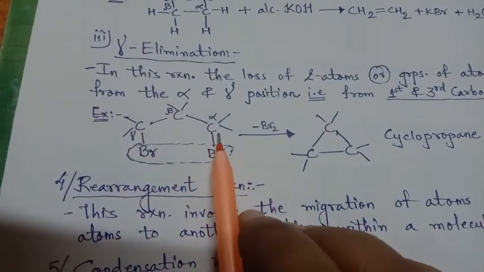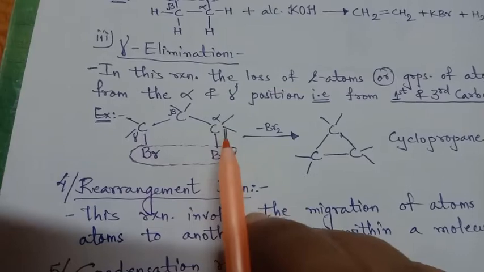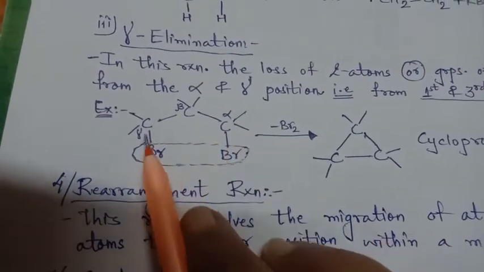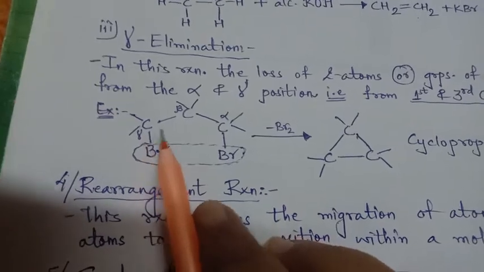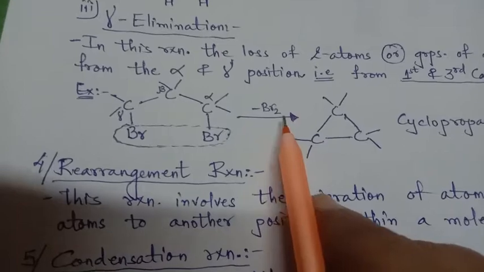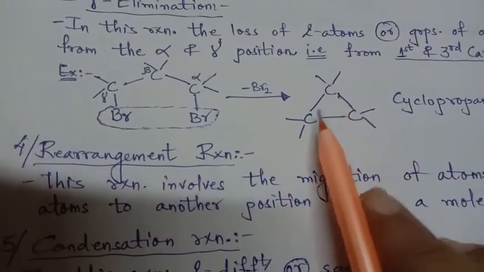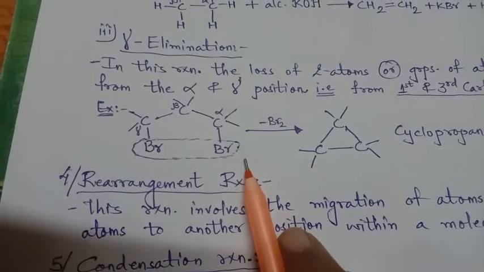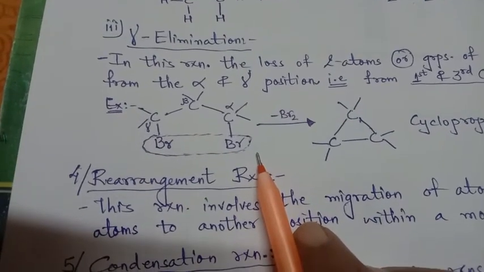So removal of Br and Br from the first and the third carbon, or we can say alpha and gamma carbon, right? Br2 is removed. Then it takes the form of cyclopropane, and this is called gamma elimination, right?